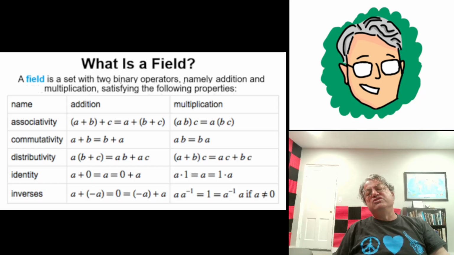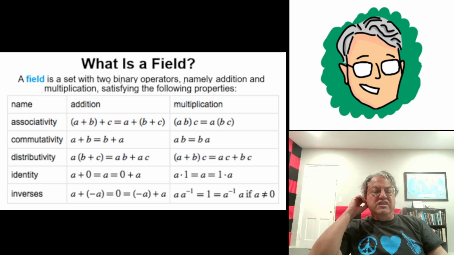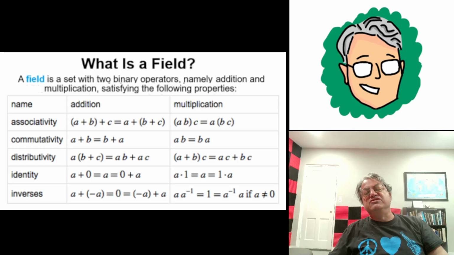Then similarly for multiplication, you have the same idea, except we call the multiplicative inverse a to the power minus 1. Sometimes you say that's the inverse of a. So a times its inverse is equal to 1, and so is a inverse times a.